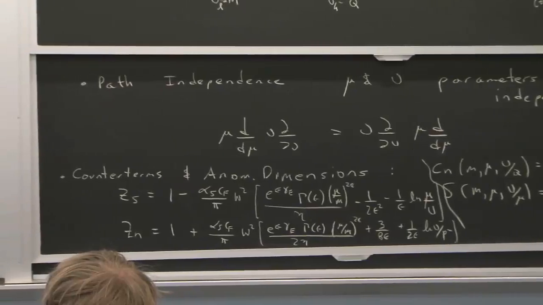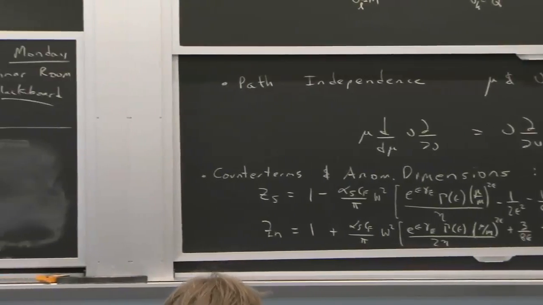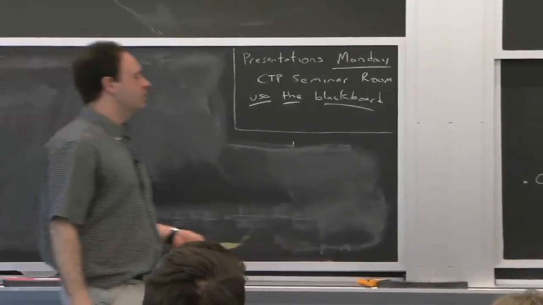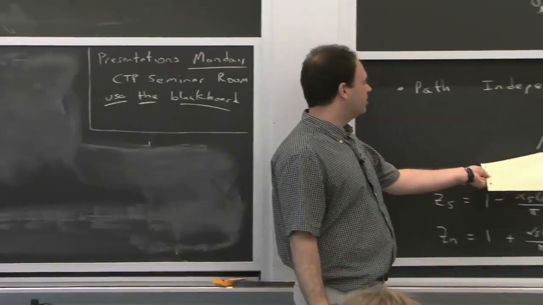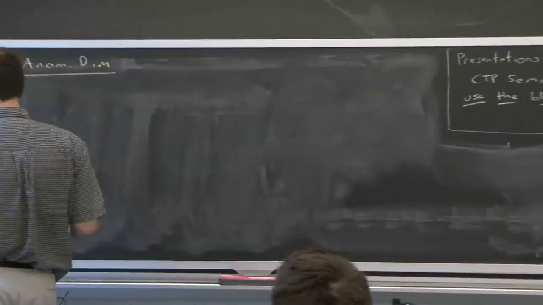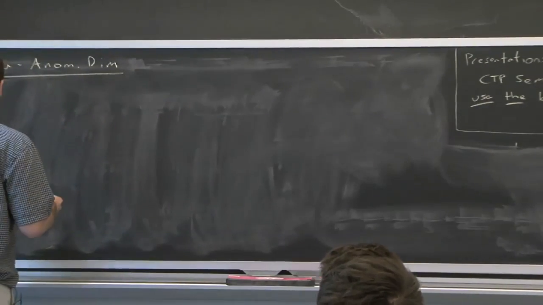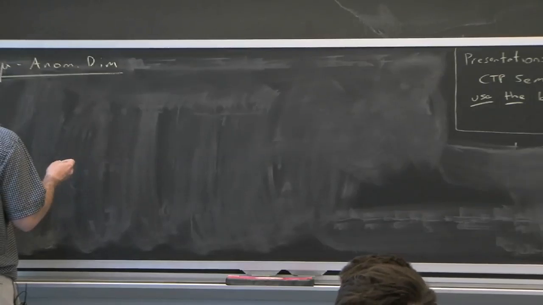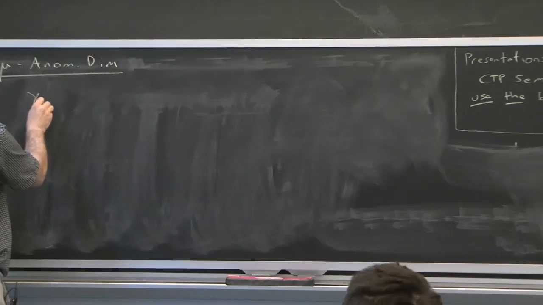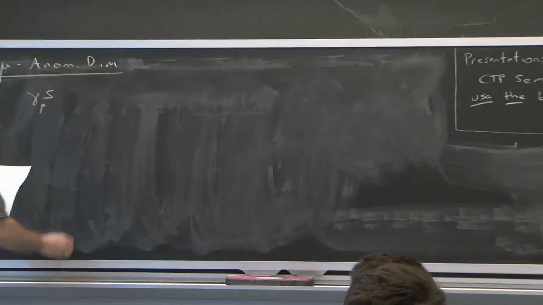So let's talk about mu anomalous dimensions. And you'll see that in order for this to be true, it's not the case that your mu anomalous dimension needs to be independent of nu, for example. So it looks like it's not factoring, but magically it is, in the sense of this path independence. So what is gamma mu for the soft function?